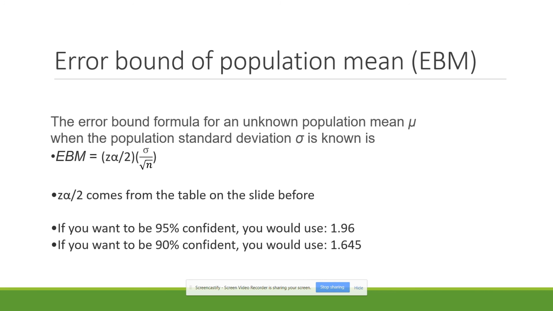The z alpha divided by 2 comes from the table. If you want to be 95% confident, you'd use 1.96. If you wanted to be 90% confident, you'd use 1.645.